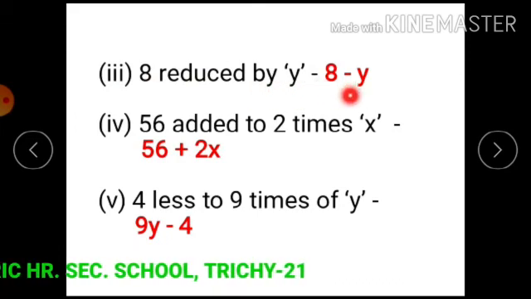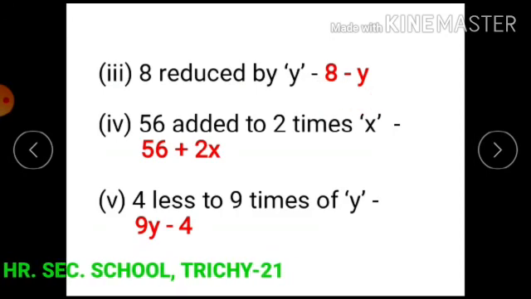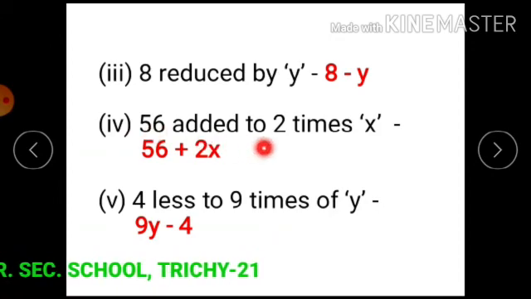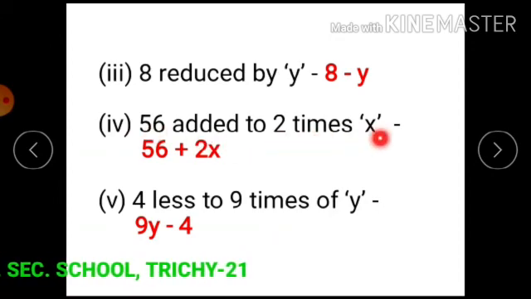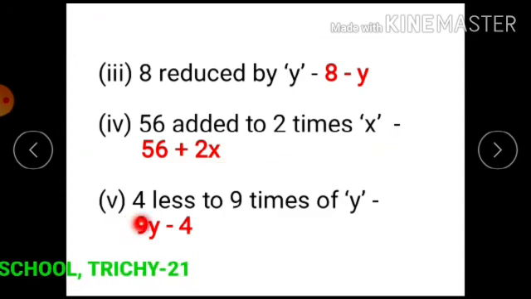The algebraic statement is 8 minus y. Subdivision 4. 56 added to 2 times x is equal to 56 plus 2x. Subdivision 5. 4 less to 9 times of y equal to 9y minus 4.